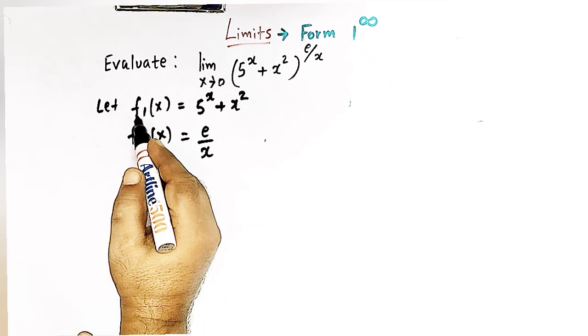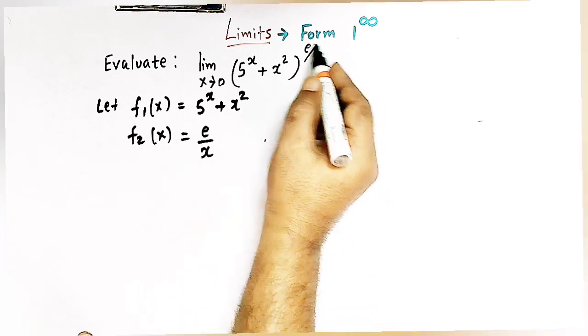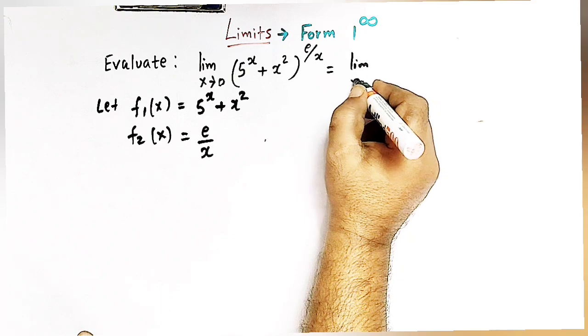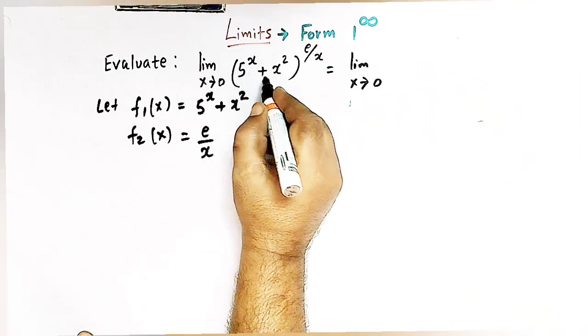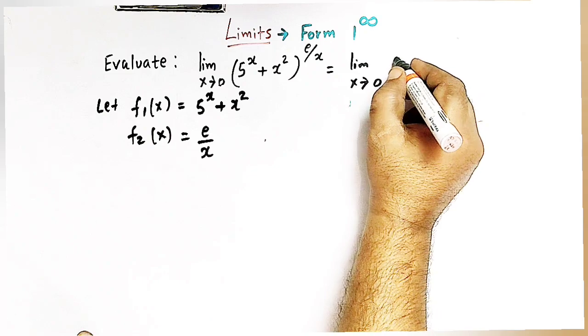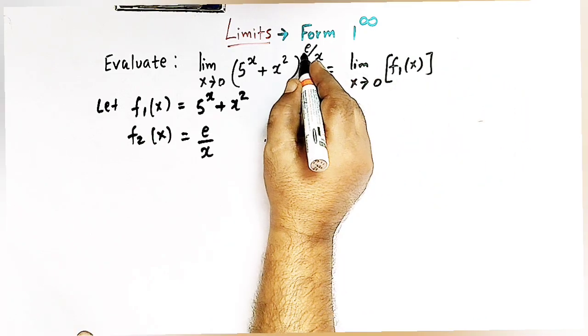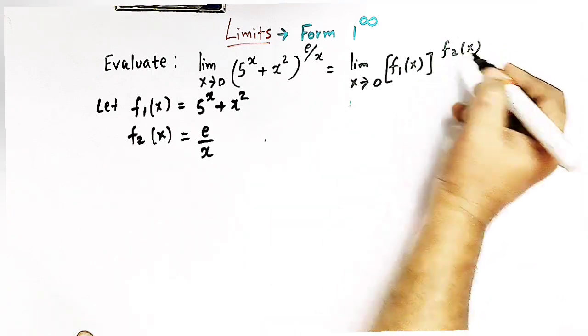So now using this notation f1(x) and f2(x), this limit takes the form, that is limit x tends to 0, and for 5 raised to x plus x square we can write f1(x), and for e over x we can write f2(x).